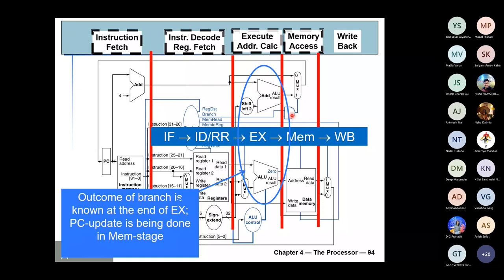First of all, I redefine the boundary of my stage so that this portion is included here. If I do this, then I can save one clock cycle because now the PC update is being done in the execute stage. So just by redefining the boundary, I can save one clock cycle for the control hazard.